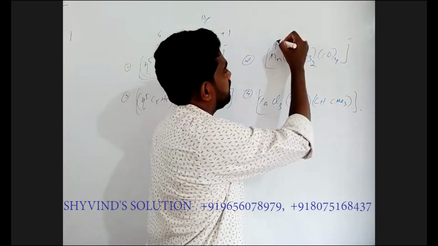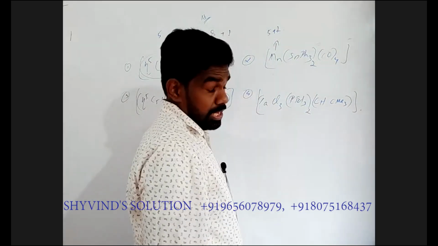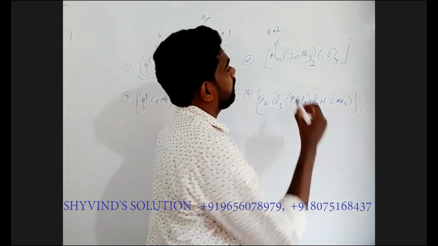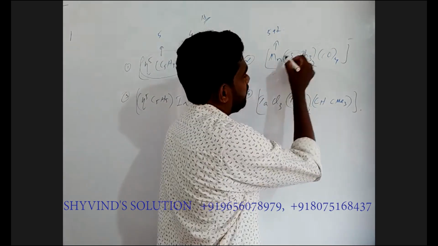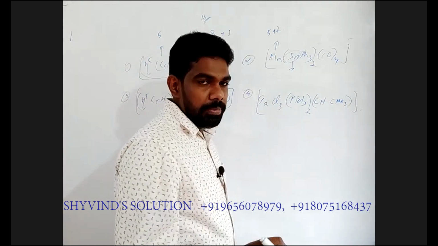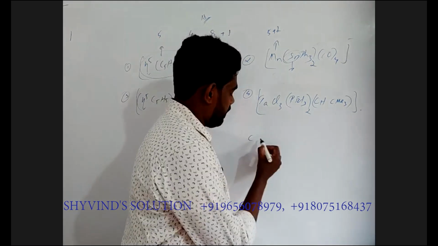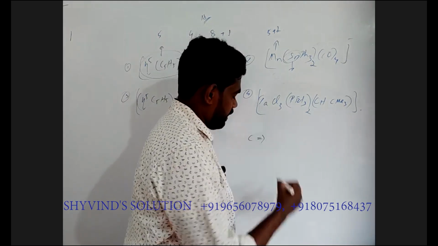Mn is a d5 system, d5 plus 2 from the s orbital, 5 plus 2. SnPh3. Sn is an element from the carbon group, so it has the same property as carbon.